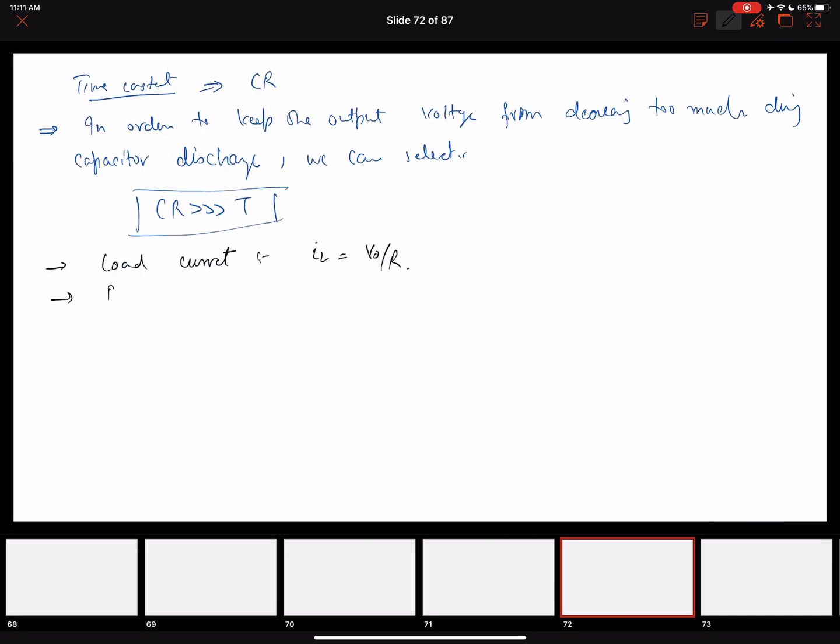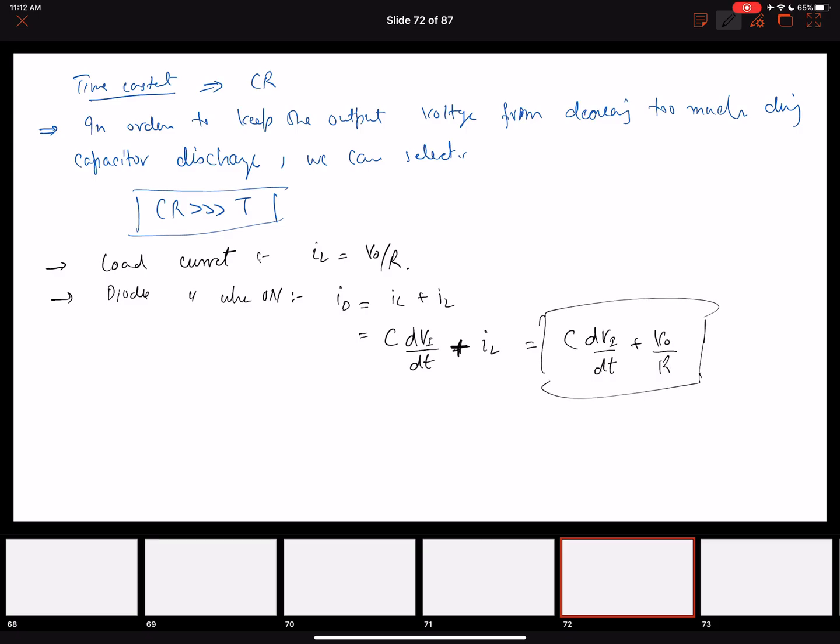So the diode current, when it is on, will be the capacitor current plus the load current, and the capacitor current is C dVi/dt, plus the load current. We can also write this equation as C dVi/dt plus V naught over R. All right. So this is the amount of the diode current that is flowing through the diode.